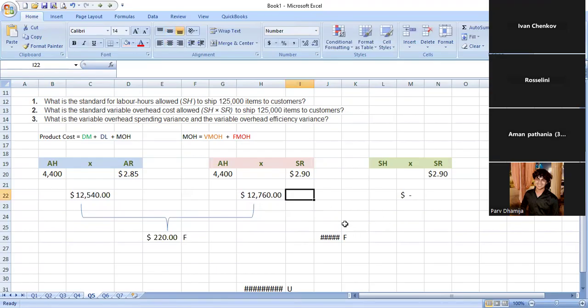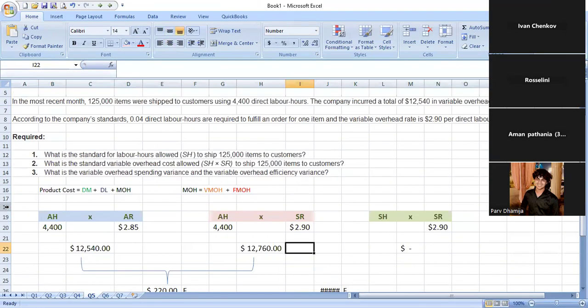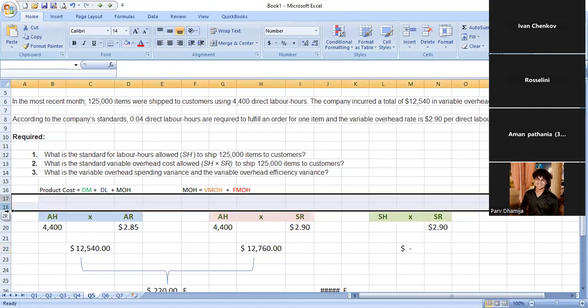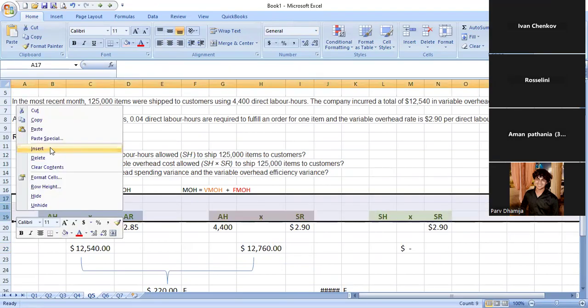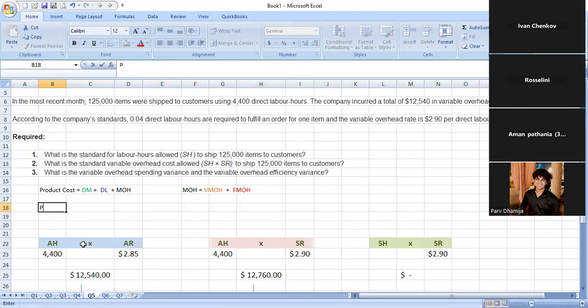So what's the next thing? I have to figure out my production, correct? What's my production? 125,000 units.